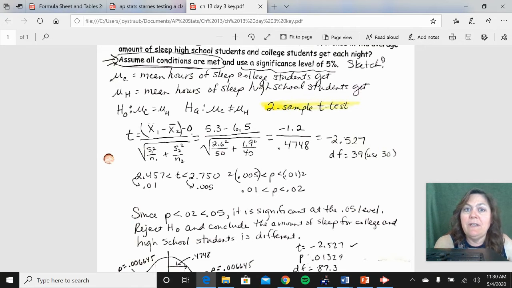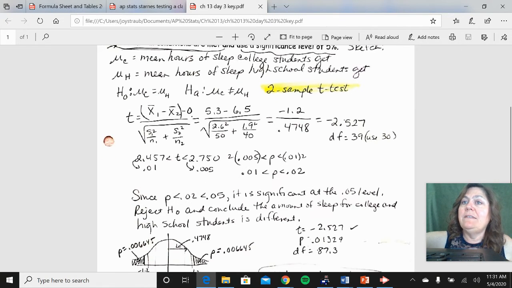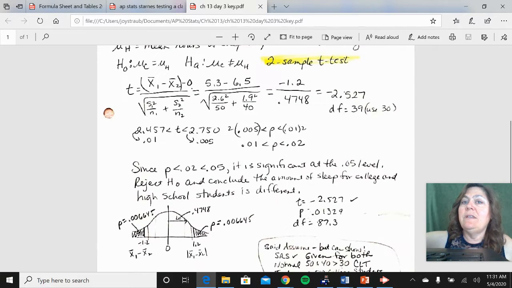Since DF was 39, we went up the table to the 30 and saw what t was between because it's two-tailed, remembering to multiply that p-value by 2. So we are definitely less than 0.05 there. So it is statistically significant evidence at that level to reject H0 and conclude that the number of hours of sleep is different for these two groups.